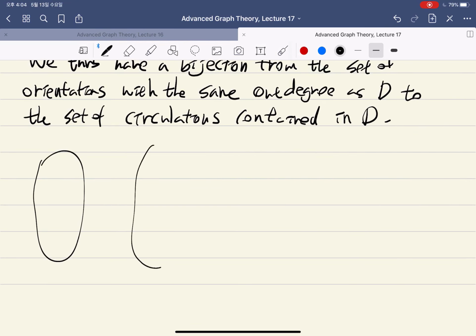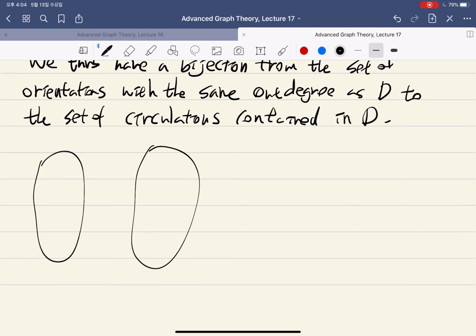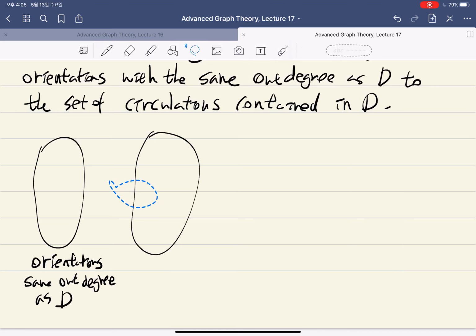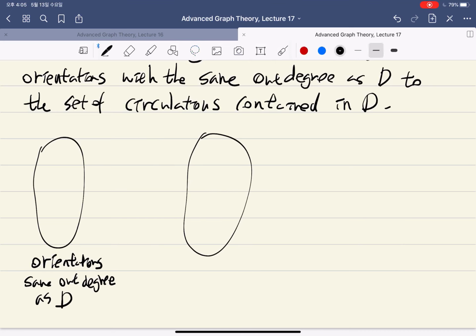You have this set of orientations with the same out degree as D, and the set of circulations contained in D. You have a one-to-one correspondence.